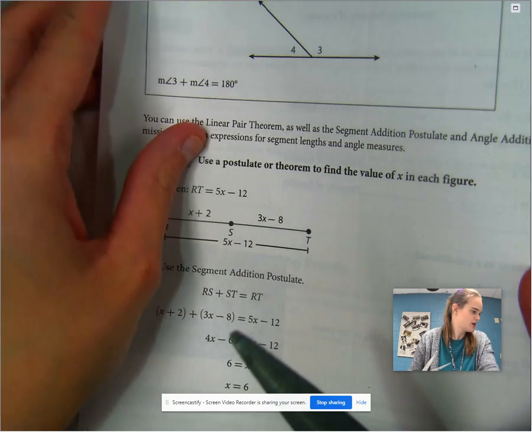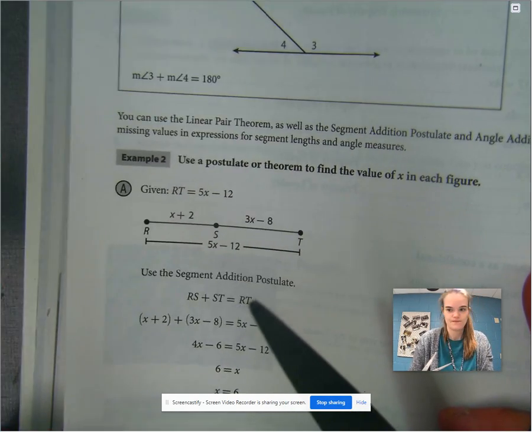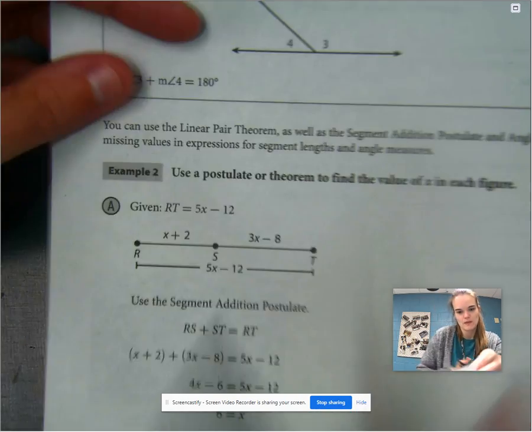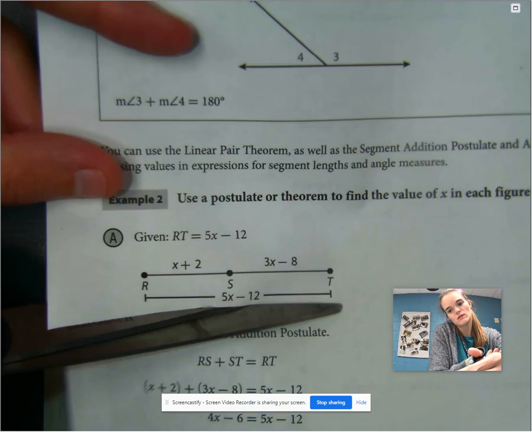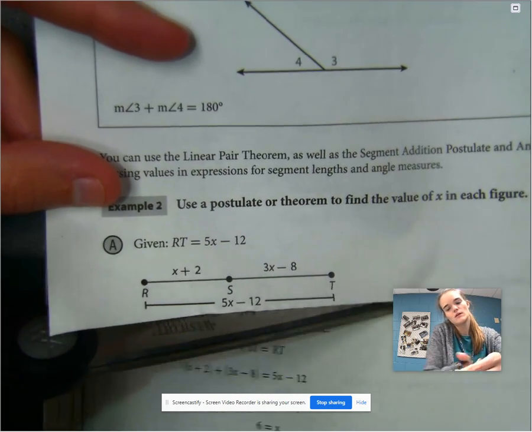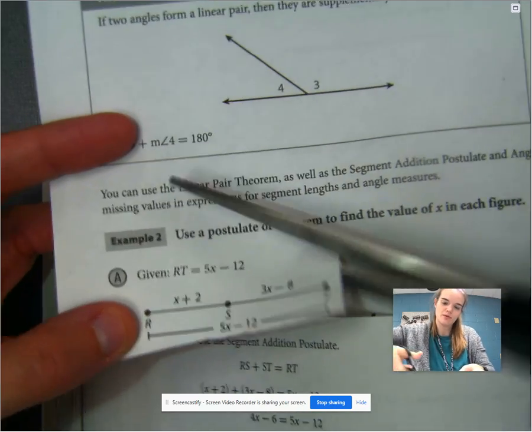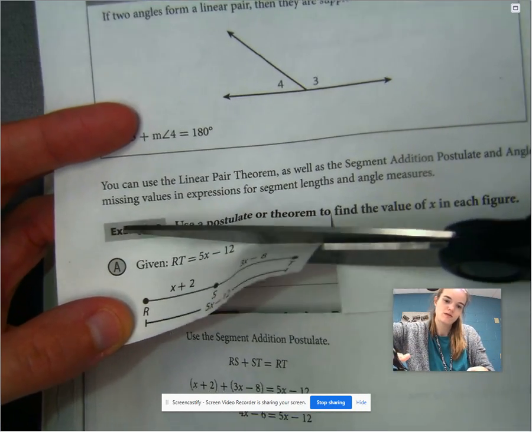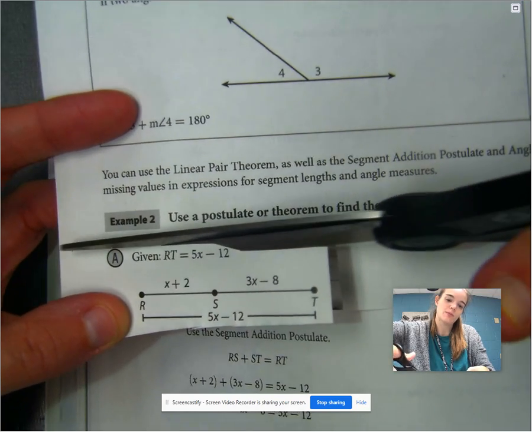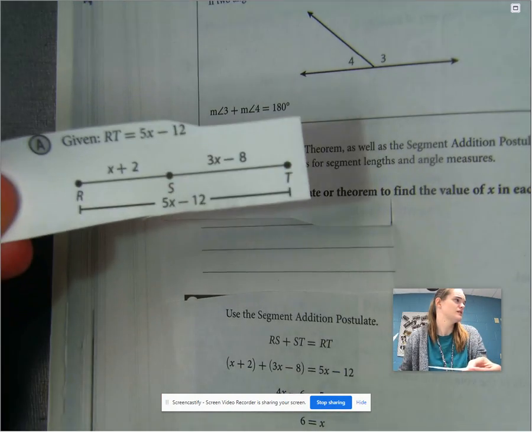Very, very carefully cut out example A. I'm not doing a very good job of being careful cutting it out because mine looks like a mess. But cut this out, okay?